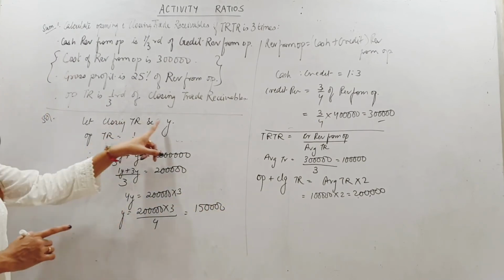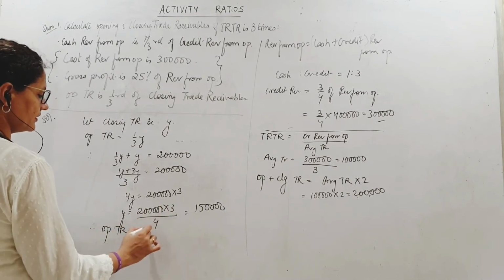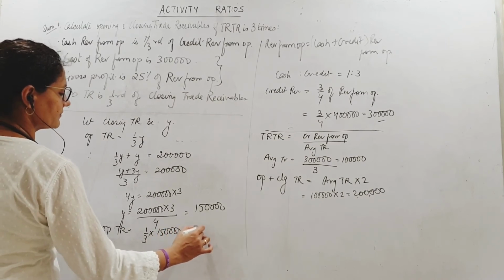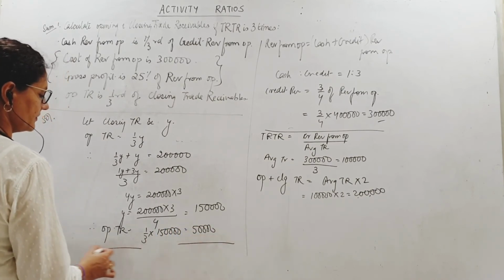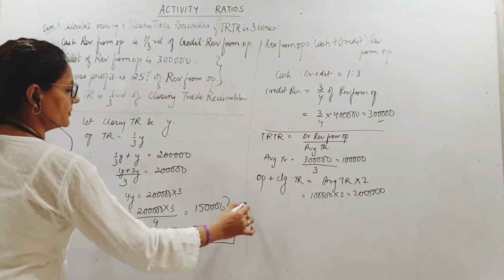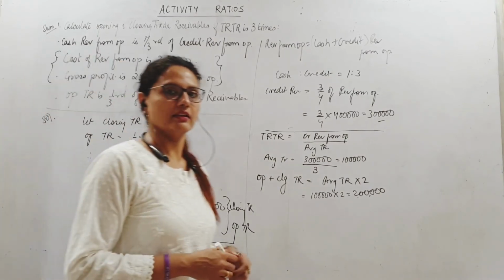Y was what? Closing trade receivables. Therefore, opening trade receivables is 1/3 of y, 50,000. This is my answer. This is closing, this is opening trade receivables. Please put your answer clearly. This is your final answer.